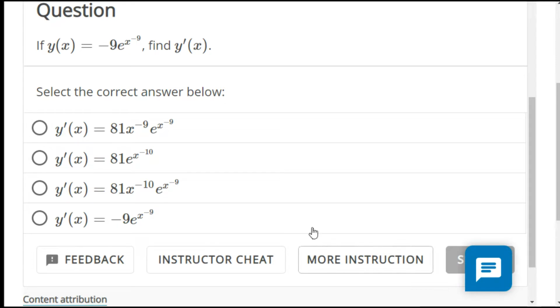All right, here's our function, minus 9e to this exponent. Okay, super. Then we will need to find the derivative of that exponent, and the rest of it we just get to rewrite.